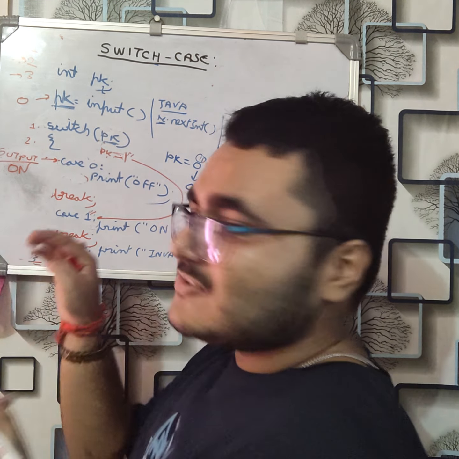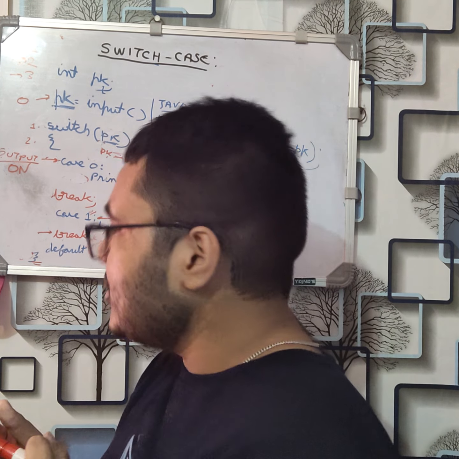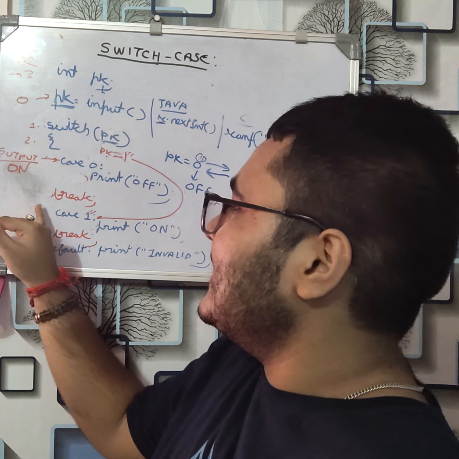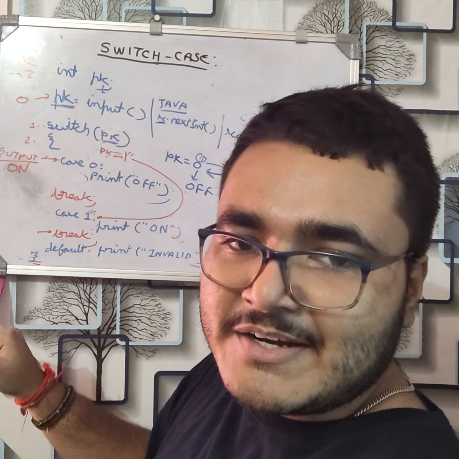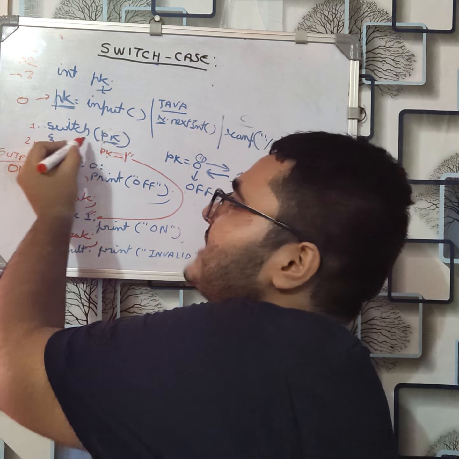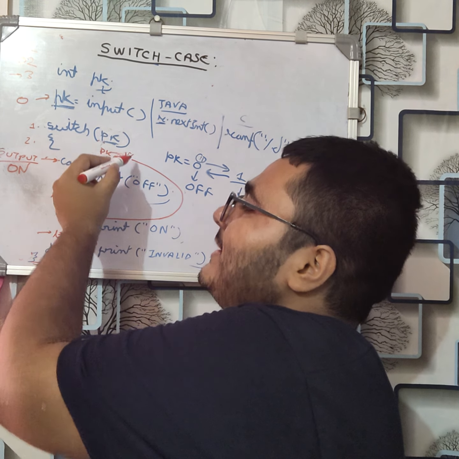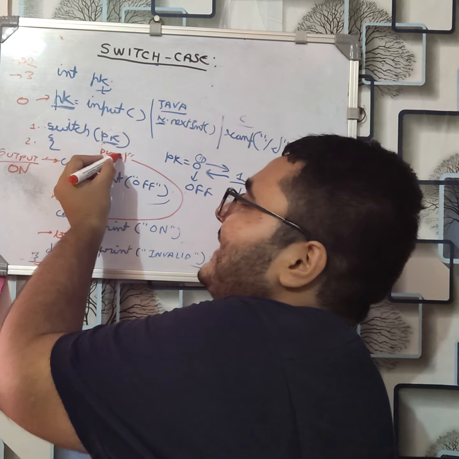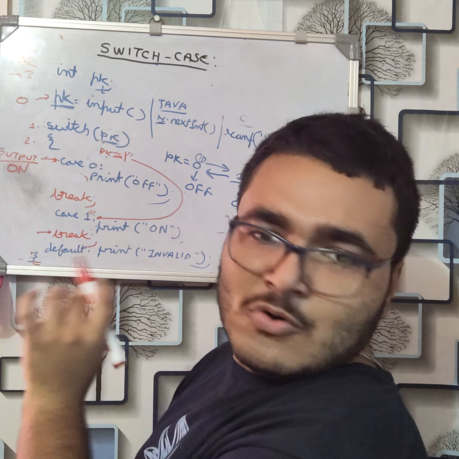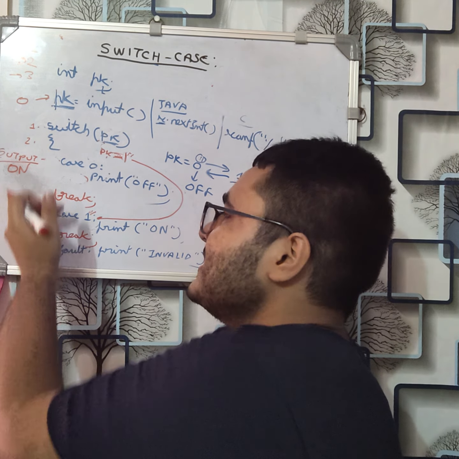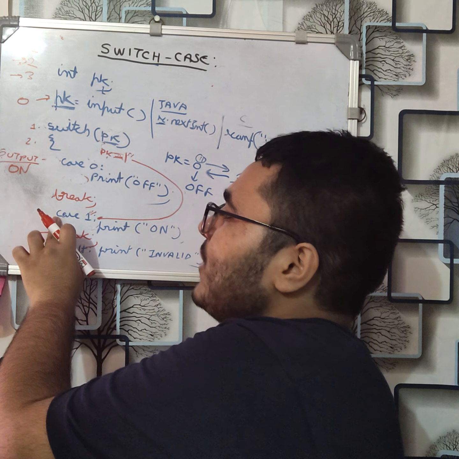So what does switch actually do? Whatever the value of the variable is, the reading will start from there. The reading will start from where the case is matched with the value of the variable. Got my point? So pk is 1, case 0 matched? No, not matched. So stop reading. Don't read these lines. But case 1 is matched.